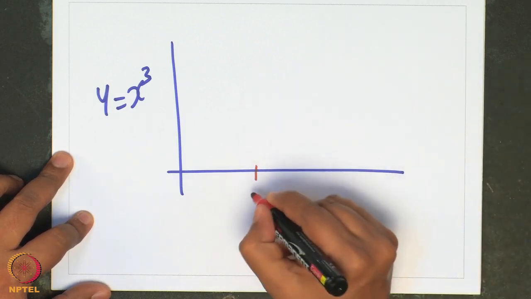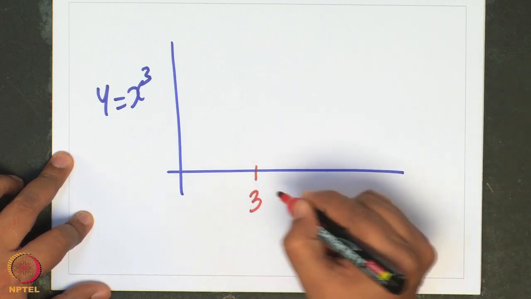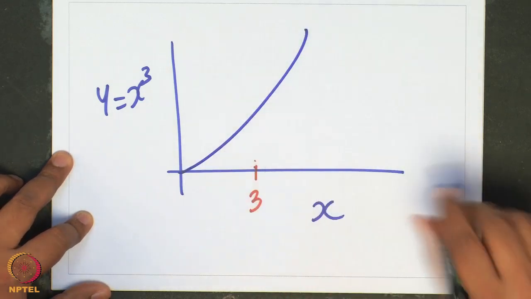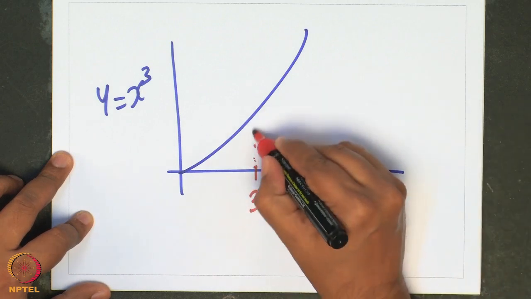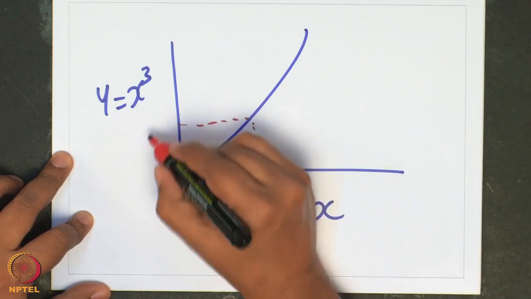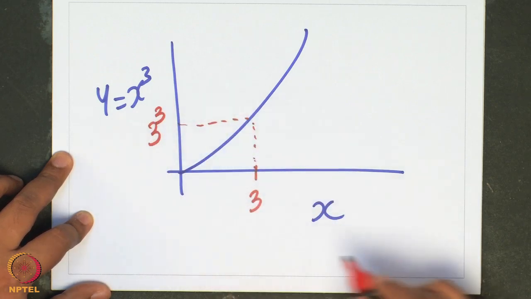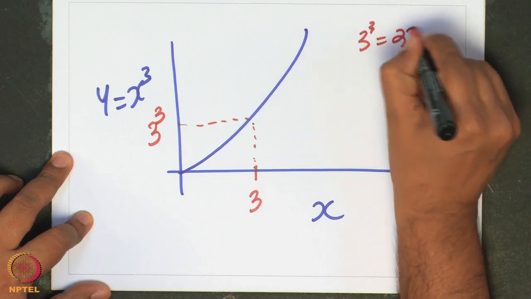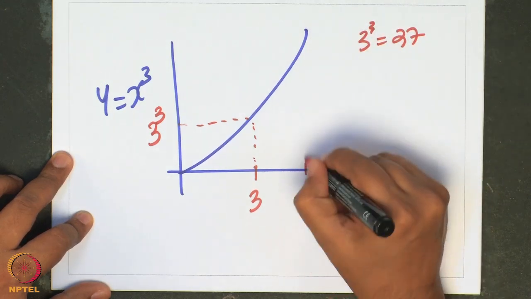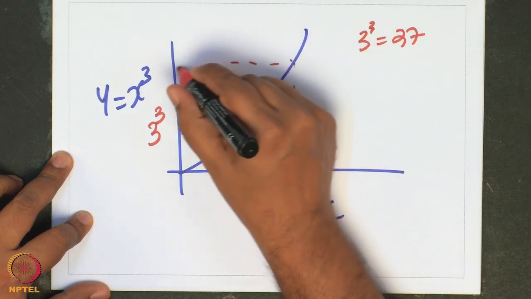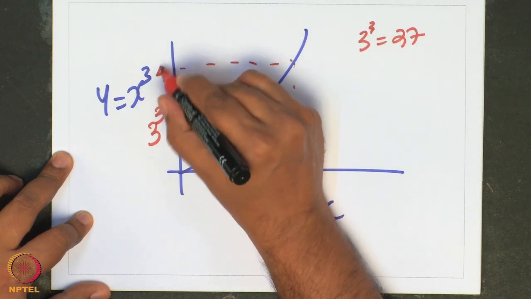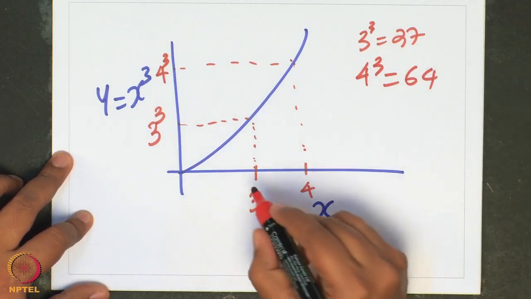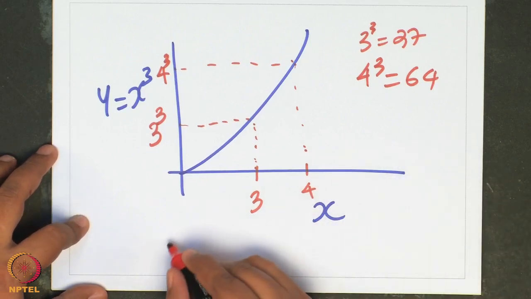If you take x equal to 3, we know that on the curve y is equal to x cube, 3 cube is 27, and you can take 4 and you have 4 cube, which is 64.